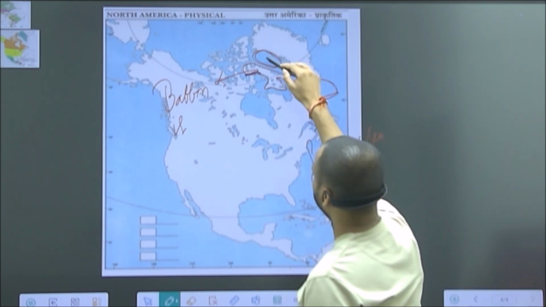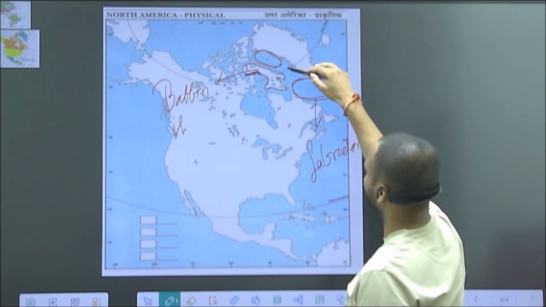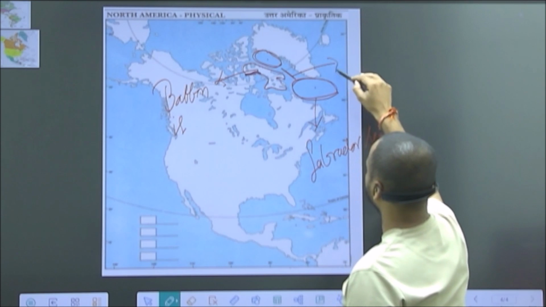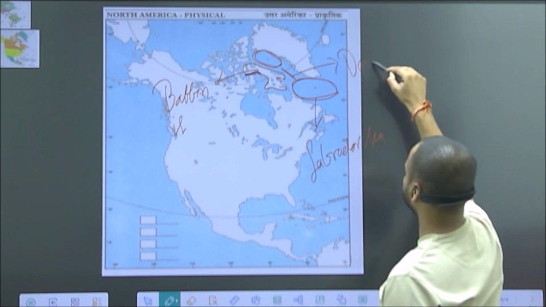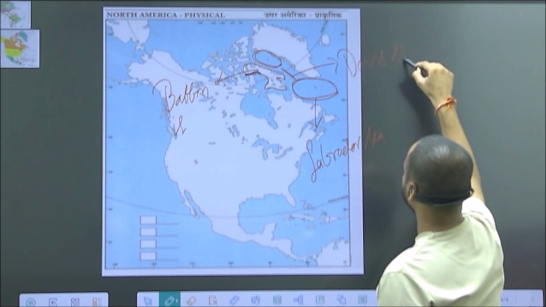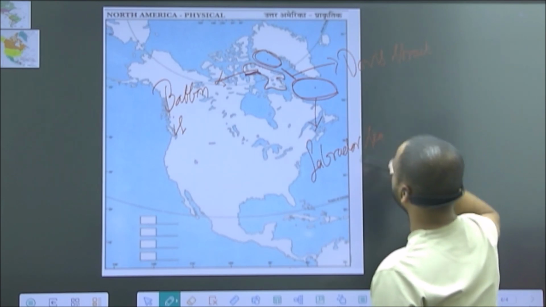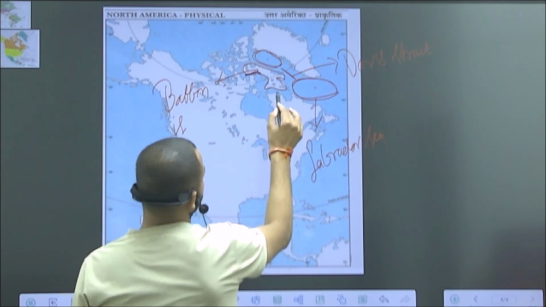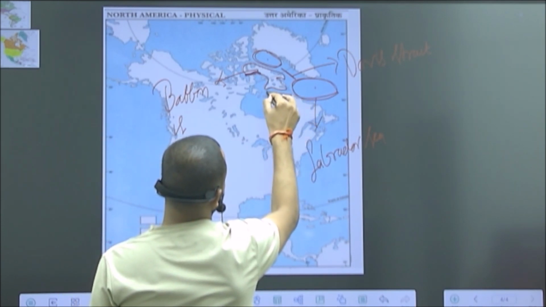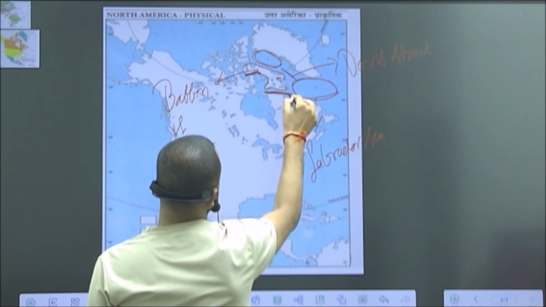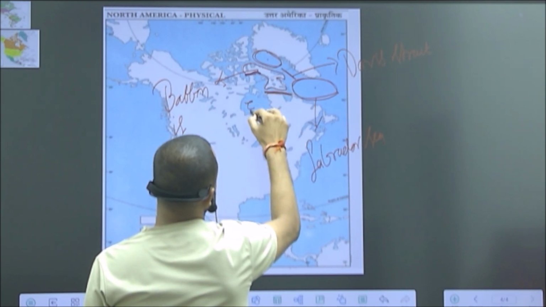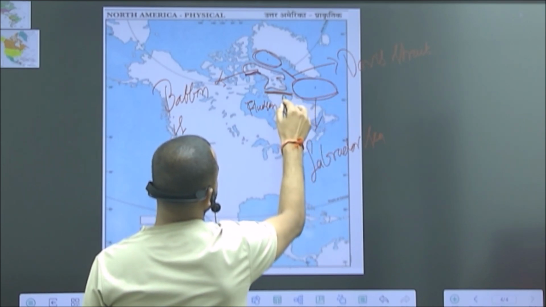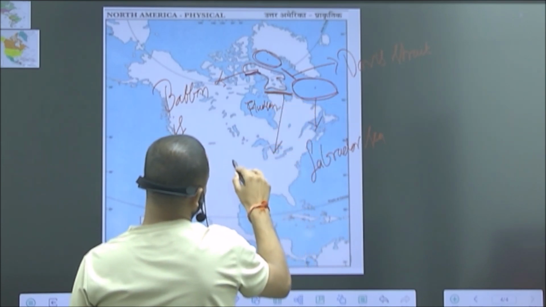And between Baffin Bay and Labrador Sea, one strait is situated, which is known as Davis Strait. Here also another strait is situated between Hudson Bay and Labrador Sea, which is called Hudson Strait.